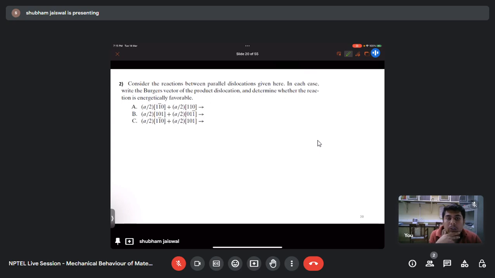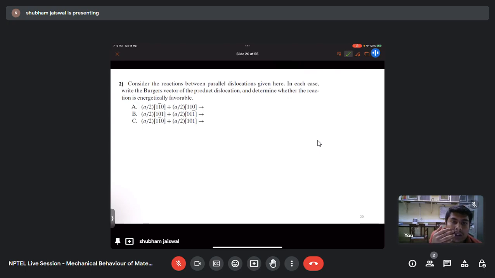Consider the reactions between parallel dislocations given here. In each case, write the Burgers vector of the product dislocation and determine whether the reaction is energetically favorable or not. Please try to answer it, guys. So what they are asking, the third Burgers vector is the summation of our first two.